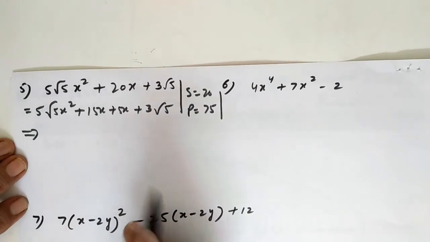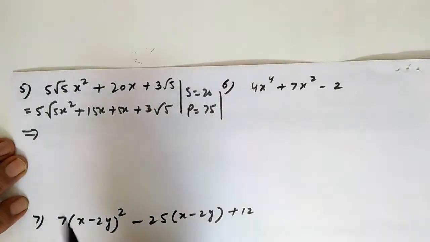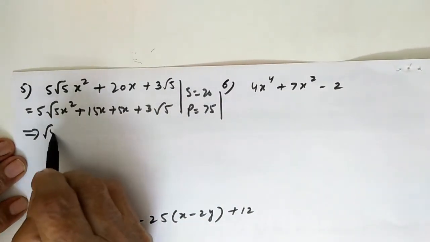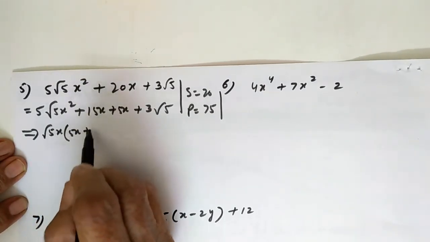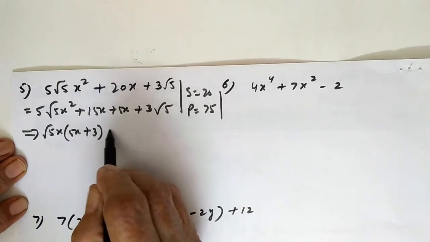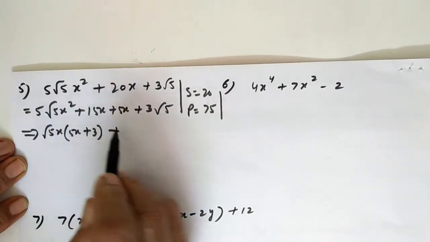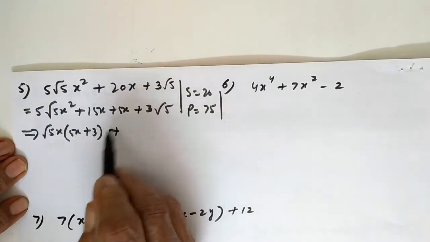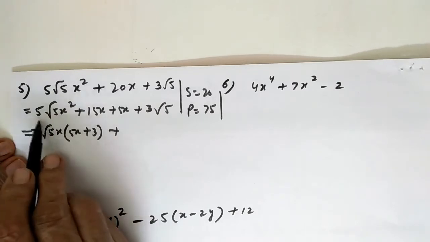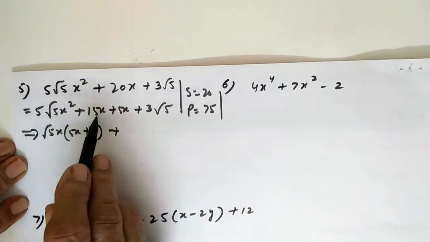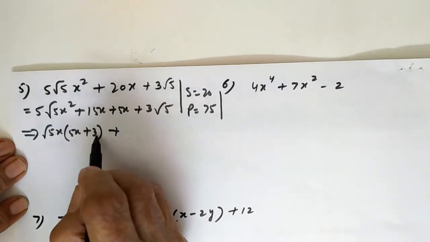You can take root 5x common, which will be 5x plus 3. Next, from the last two terms, you can take 5 common. 5 common does not work, so take root 5 common: 5x plus 3 root 5.